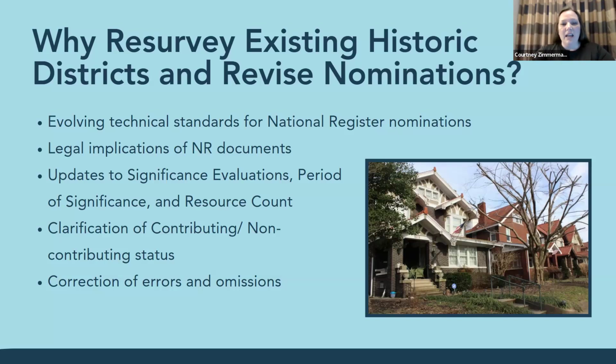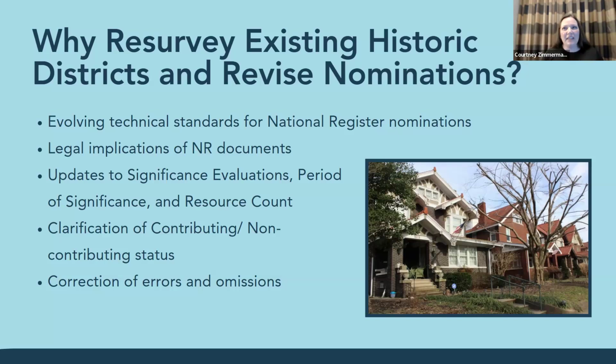So we're going to start with why should you resurvey an existing historic district and revise a National Register nomination? It's already been done. People have studied it. Why would you go back and revisit it? Well, there have been evolving technical standards for National Register nominations since the program started in the 60s.